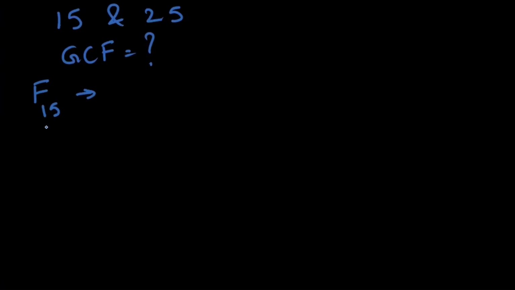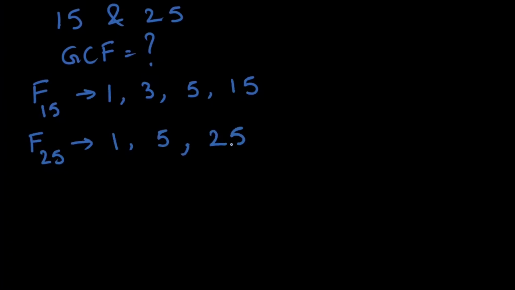What are the factors of 15? 1, 3, 5, and the number itself, that is 15. Then we will find the factors of 25: 1, 5, and the number itself, that is 25.